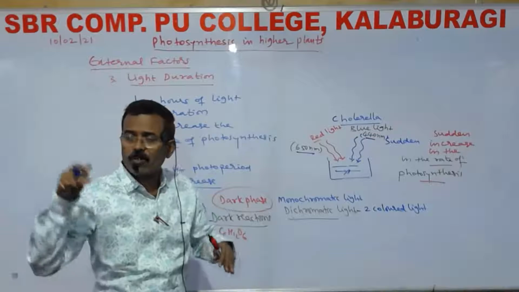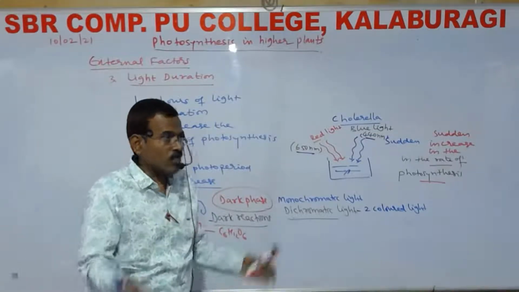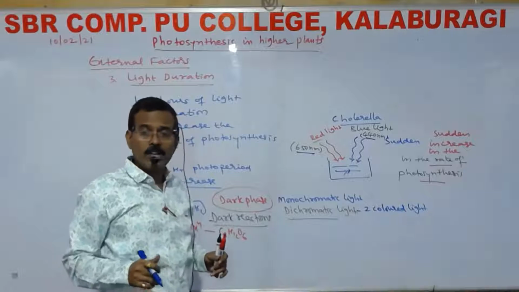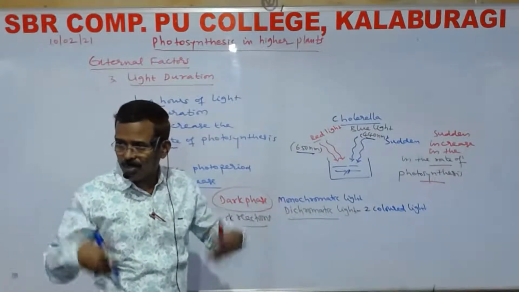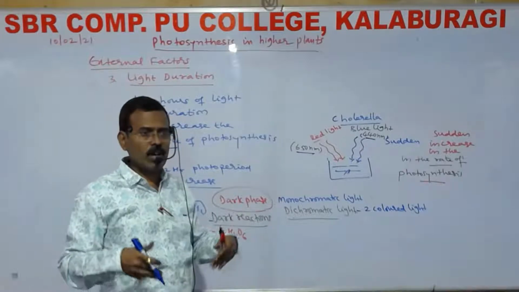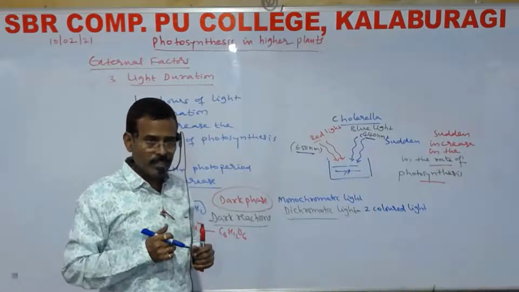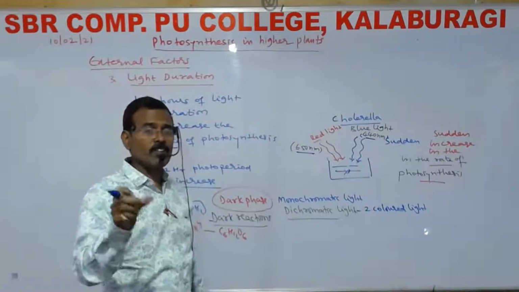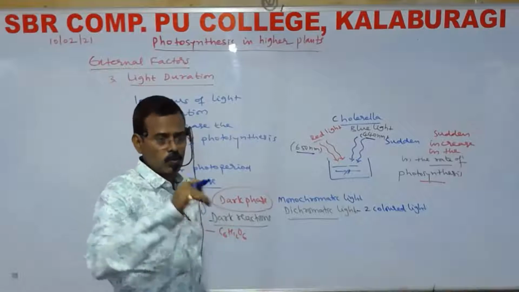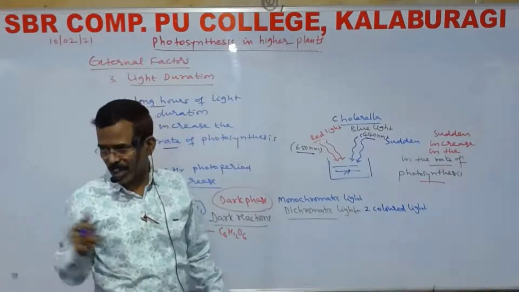Light duration should be interrupted with a dark phase, absence of light, so that dark reactions, the Calvin cycle, can occur. They make use of assimilatory powers and fix the carbon dioxide to synthesize sugars or carbohydrate. That's why in between the light duration there should be a dark phase also, so that dark reactions can proceed.